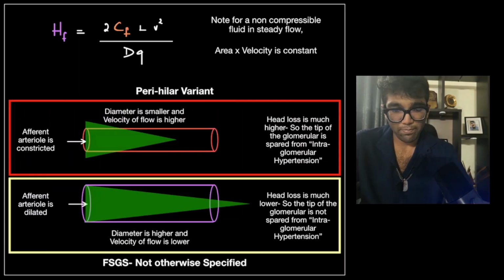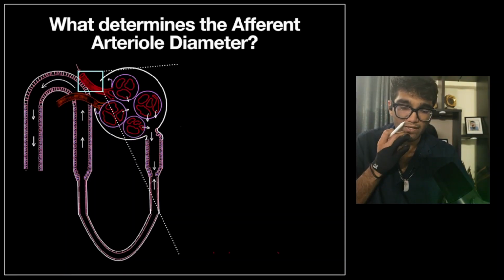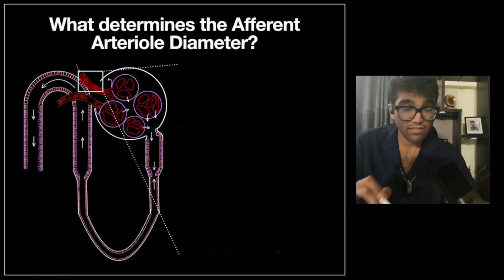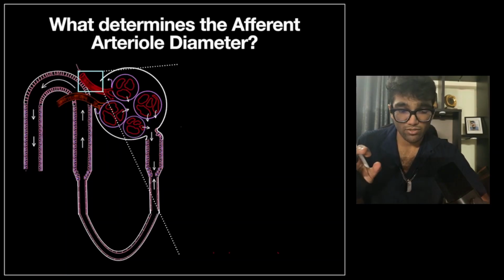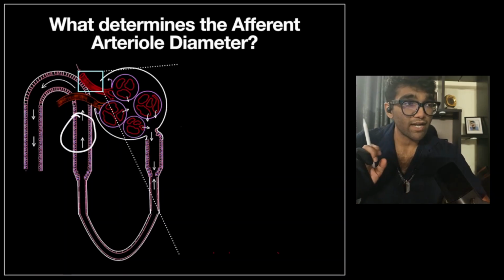Now, like I just discussed, what determines the afferent arteriolar diameter? What determines it is basically the amount of sodium delivery occurring at the macula densa. In specific cells present at the corticomedullary junction, the thick ascending loop of Henle, that would be this loop, passes in between the afferent arteriole and the efferent arteriole.